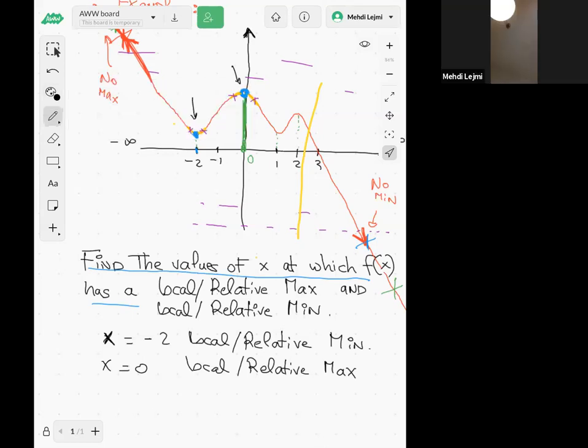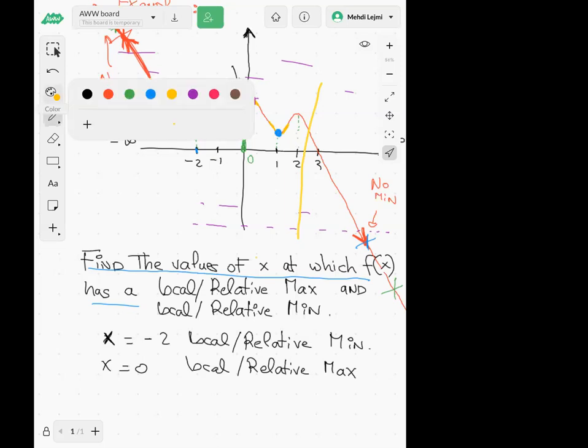We'll still have another local minimum and local maximum, because if you take this point here and take a neighborhood of that point, then the blue point is the lowest point in that yellow neighborhood. So this is also a local minimum.